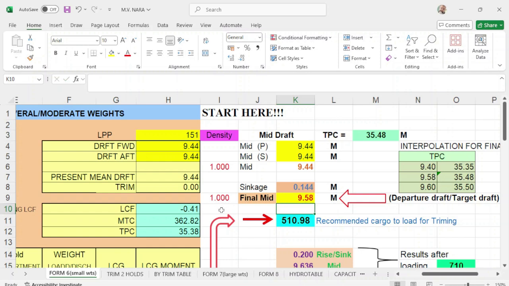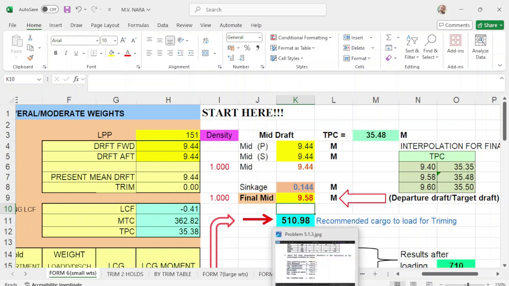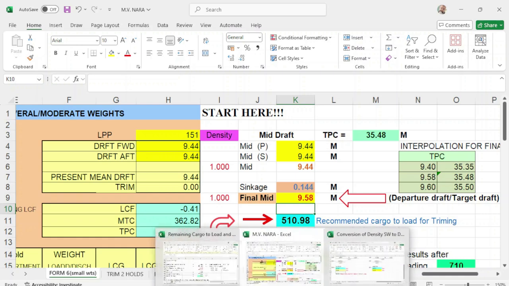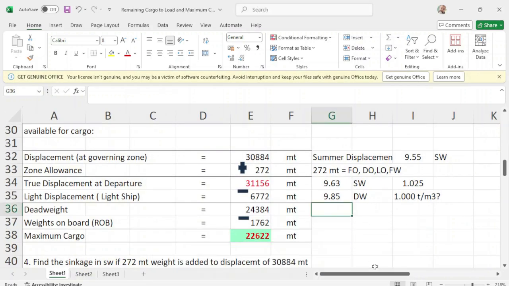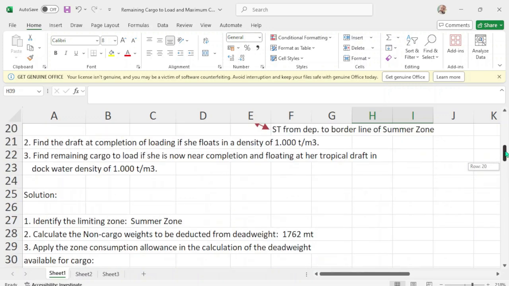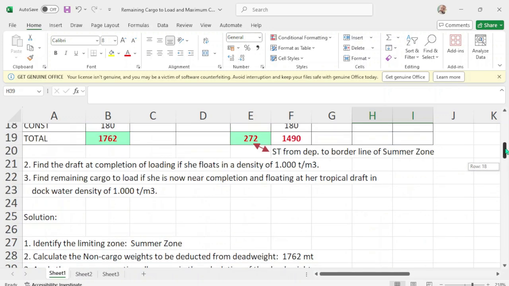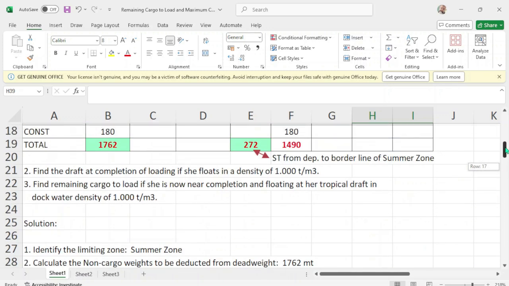Now the question was, find the remaining cargo to load if she is now near completion of her tropical drop in dock water density 1.0.